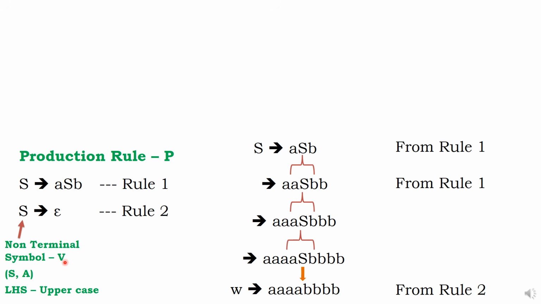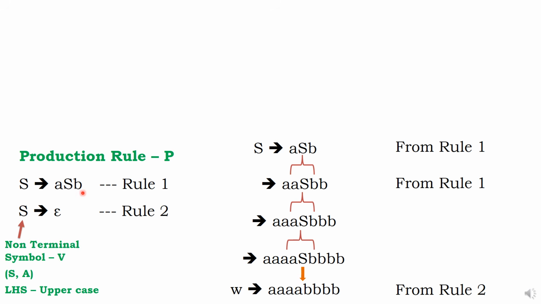What do you mean by that? Variable. This V stands for variable because I can replace S by epsilon. I can replace S by ASB. This capital S, capital A can be replaced. Whenever I represent an uppercase letter, it can be replaced by some other term. So we call it non-terminal symbols. Sir, can I replace the small a?